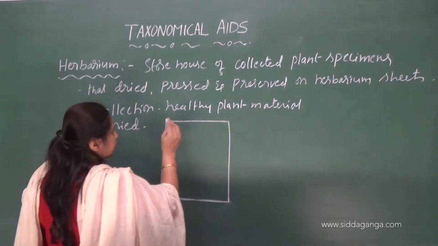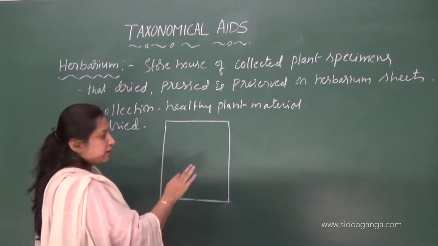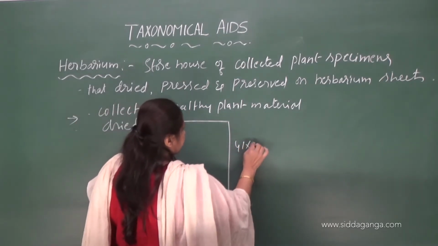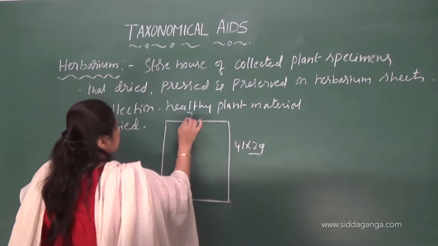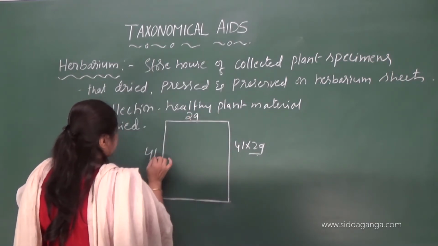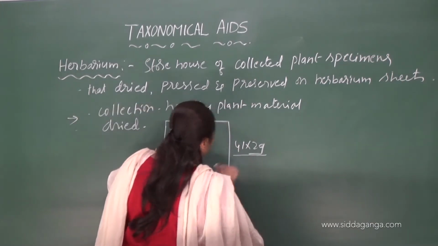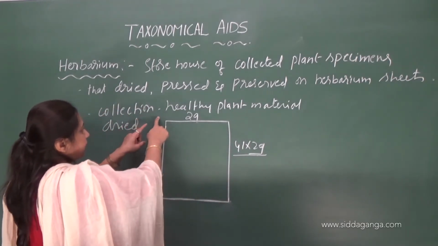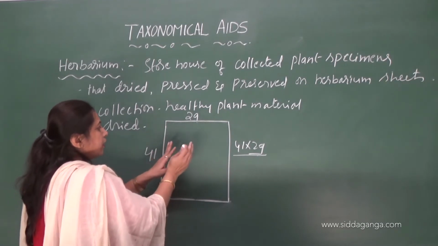Here the standard size of a herbarium sheet is 41 into 29 inches. This is the international size of a herbarium sheet.